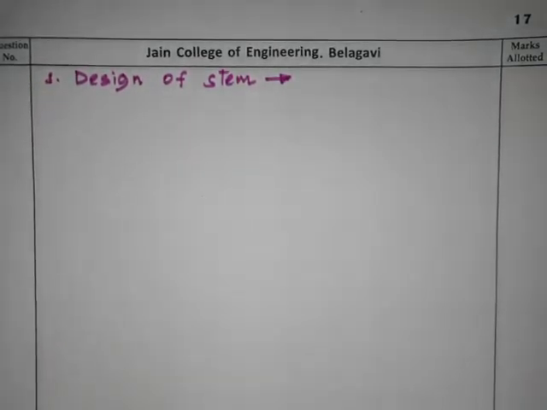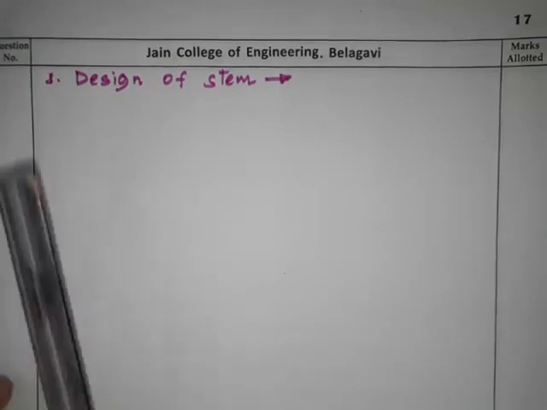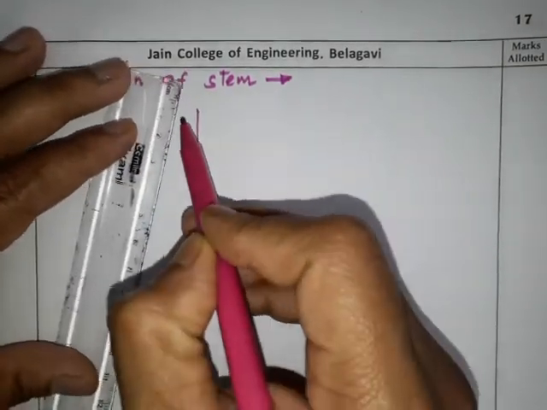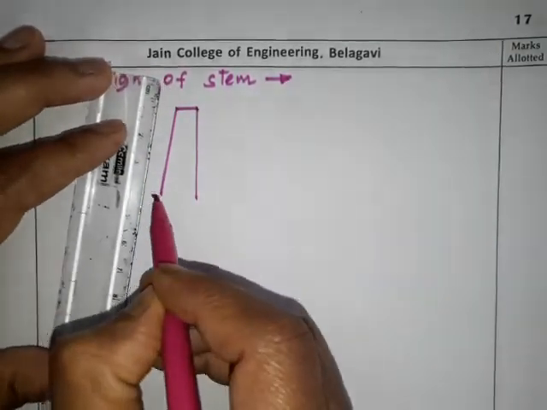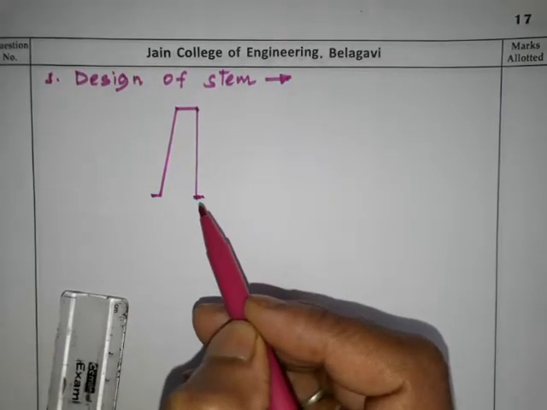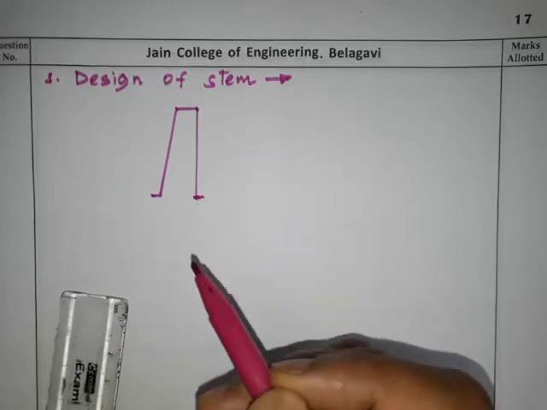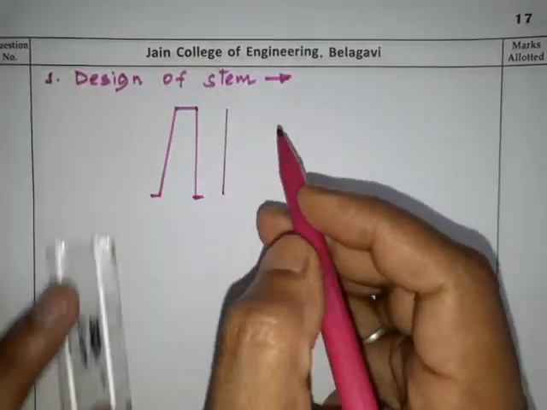As you know, I'll just draw a rough sketch here. This is the stem, and the height of the stem is 4.8 meter, correct.